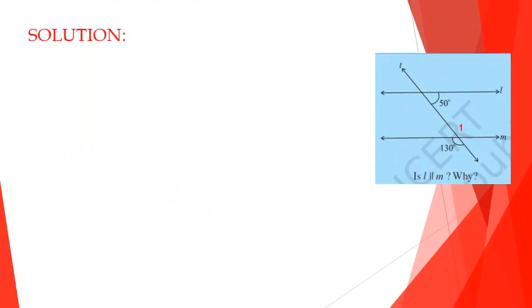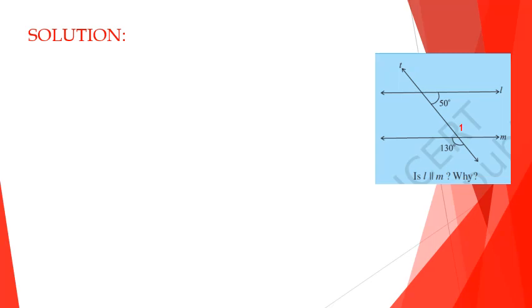Next question, we have to check whether the given two lines l and m are parallel or not. Here, look at the figure. The two lines l and m are intersected by the transversal t. Corresponding angles are not given.